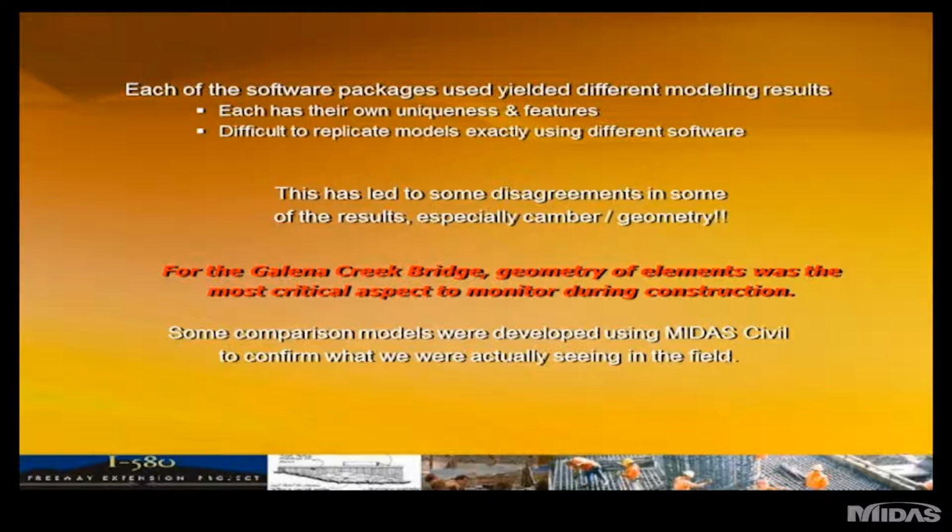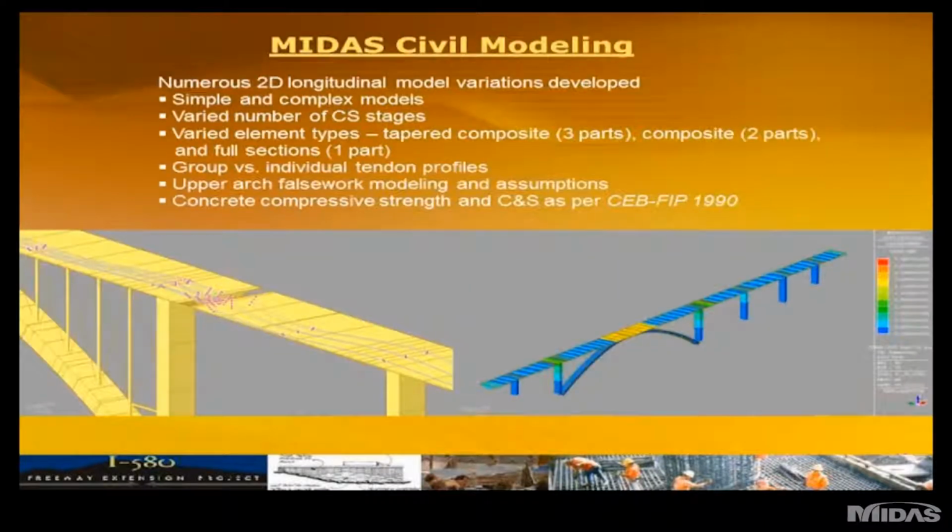So what I did was I developed some comparison models using Midas Civil to help confirm what we were actually seeing in the field in light of the differences between the LARSA and the SAP models. So I developed a number of two-dimensional longitudinal models, some very simple models and then got into some more complex models.